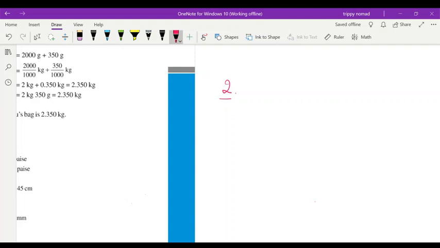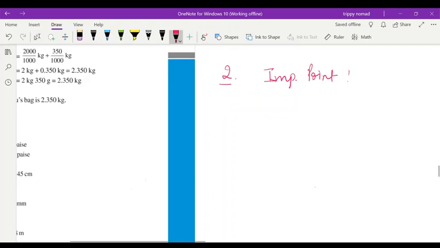For question number 2, the important point is: 1 meter is equal to 100 centimeter. So 1 centimeter is equal to 1 upon 100 meter if you have to convert, children. 1 meter is the bigger unit and centimeter is smaller.